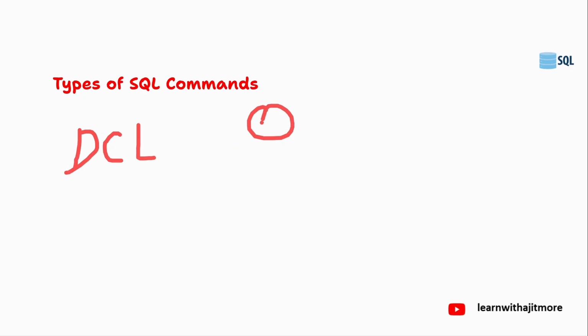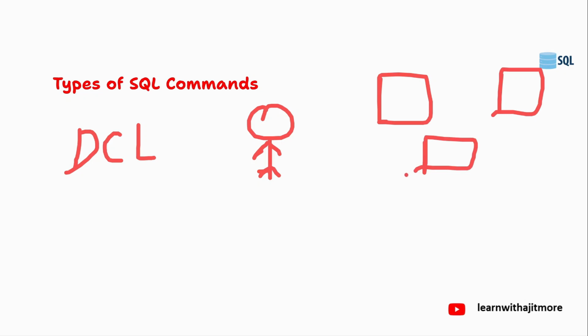Like you are the user, the main user, and you have created your tables, different tables. So you are the owner of that table. Now you want to give the privilege of accessing this table to another user. Correct? The other user also will be able to see your tables, or it depends on what privilege you have given.